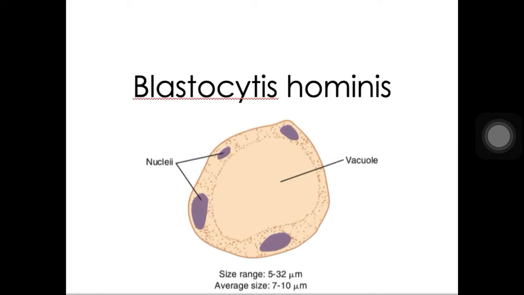Okay? So, again, what we can see here is that there is a ring of cytoplasm here, a vacuole inside, and then there are 4 nuclei present which are usually pushed in the periphery or to the side. Basically, the purpose of this is to serve as a storage organelle.